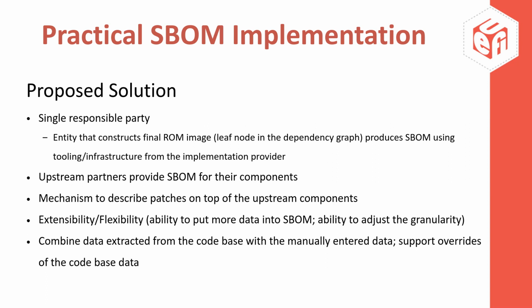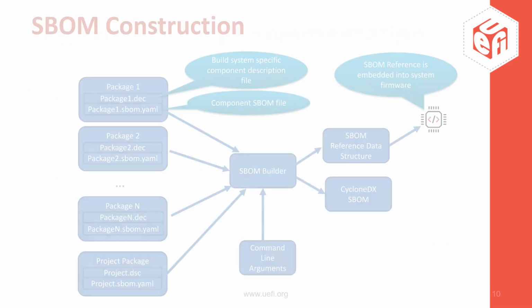There are two main reasons. Some data may be simply missing in the source tree, and also some data might be inaccurate. For example, in EDK2 there are versions in every INF file, but they are not necessarily maintained and updated. So sometimes it's necessary to override the data that is available in the source tree.